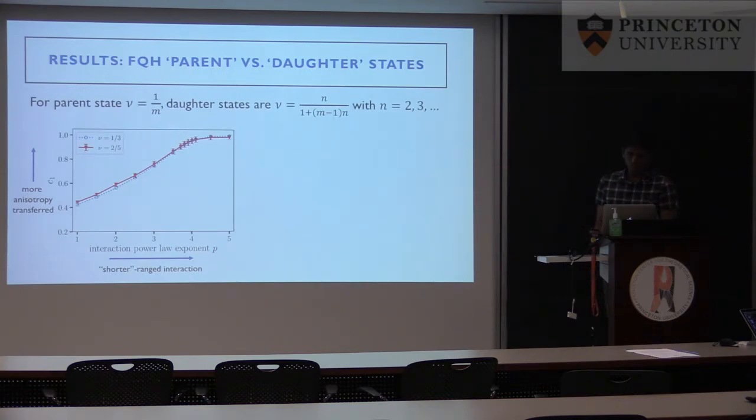More results. We also did the so-called daughter states. So for example, nu equals 2/5, 3/7, and so on are daughter states of nu equals 1/3. And we find that, within numerical accuracy, they respond exactly the same as their parent states. This is as expected, because the ground state wave function of a daughter state can be written in terms of Laughlin wave functions for quasi-particles.